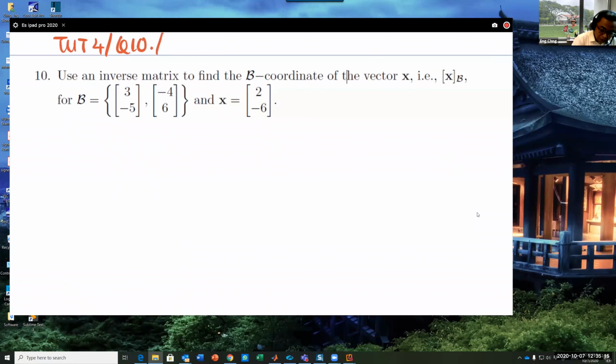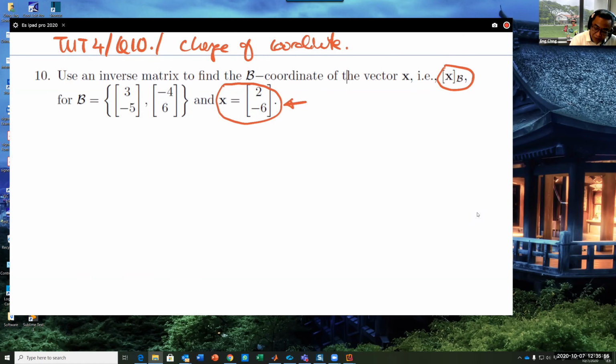Here we are doing change of coordinates. Let's read the question first. He says let's find an inverse matrix such that we can express this for this vector. So something strange is going on. He's saying that I want to express this vector in terms of the B coordinate.